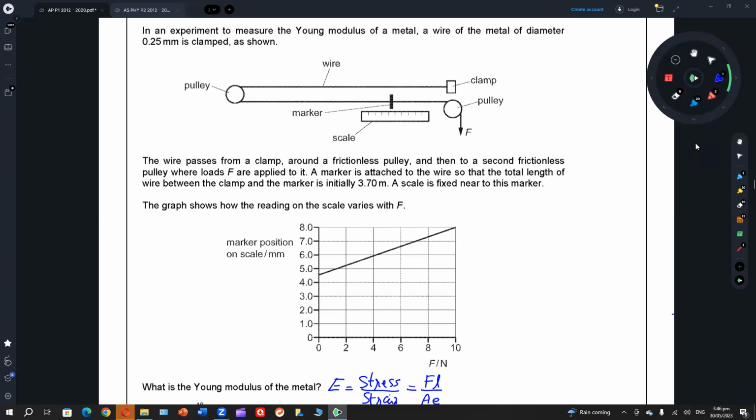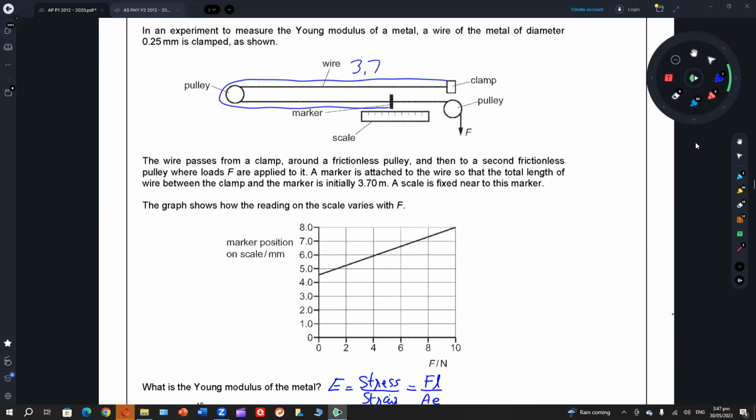A marker is attached to the wire so that the total length of the wire between the clamp and the marker is initially 3.7. So if I start moving from the clamp and I walk till the marker, it is 3.7. So it means if I start from here and I reach up to here, this length is 3.7.